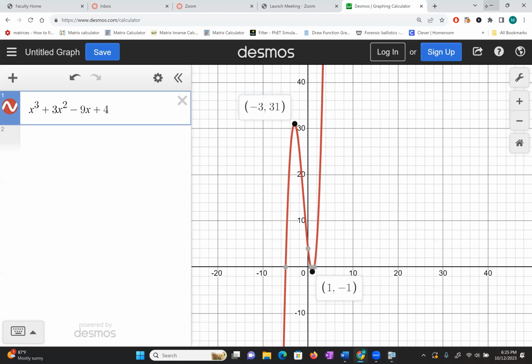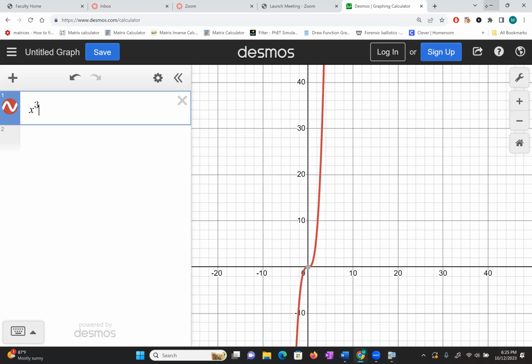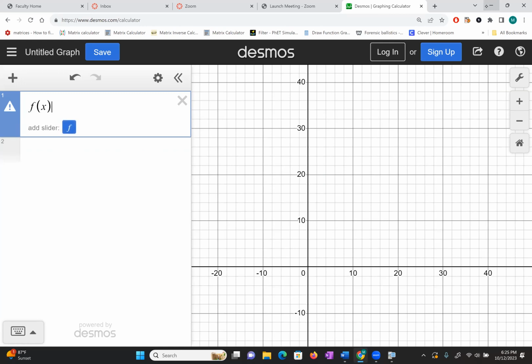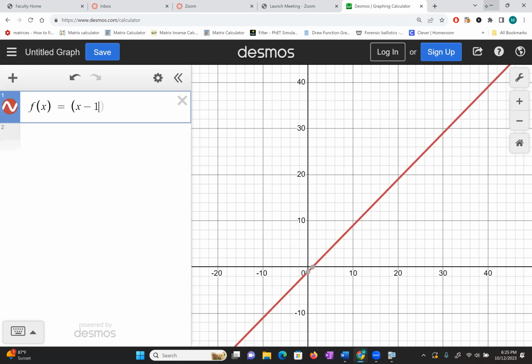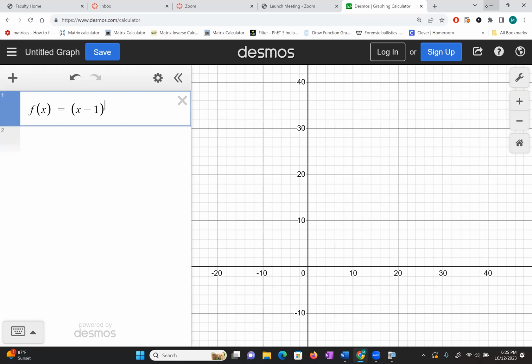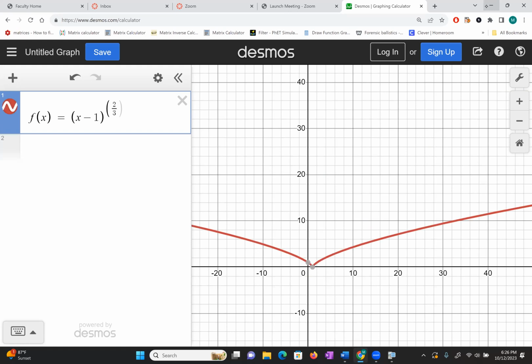Close this out. Okay, so we're back to Desmos. So we have our original f of x is equal to parentheses x minus 1, and this is raised to the parentheses 2/3. So you notice what's happening here.